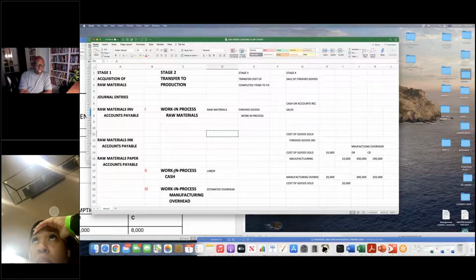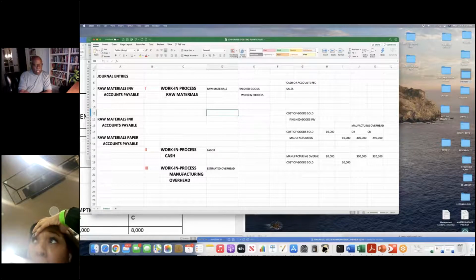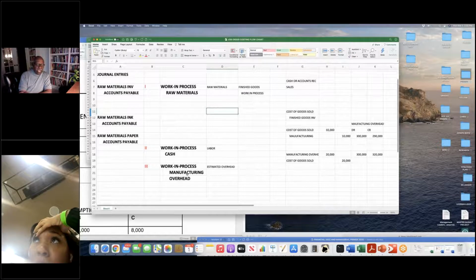In that second entry, we pay the workers, so we debit work in process and credit cash. So the workers who are going to make the product, they come, we hire them, they work, and they want some cash money. And then our third entry is our work in process debit again and credit manufacturing overhead. So this is where we transfer to work in process the estimated overhead.